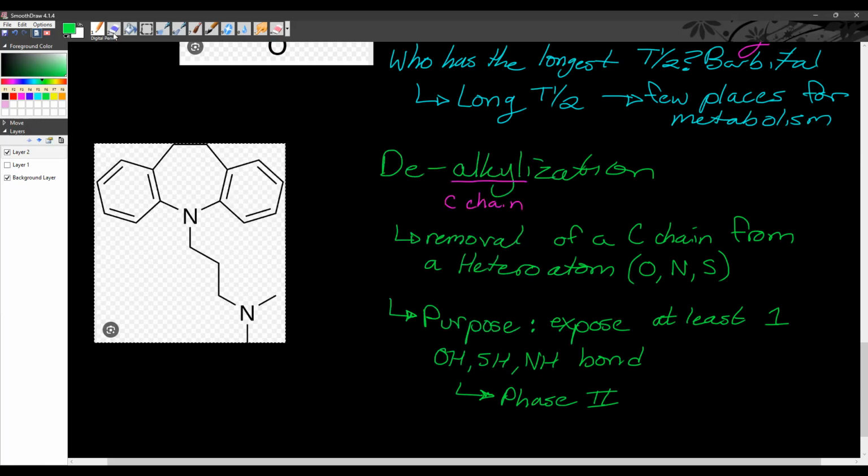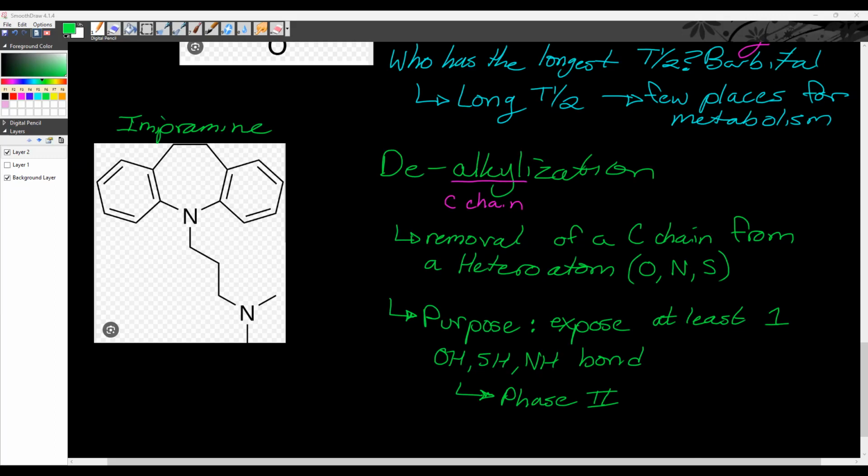So here we have imipramine. What we can see here is that we have 2 nitrogens. So either one of these nitrogens could undergo dealkylation.